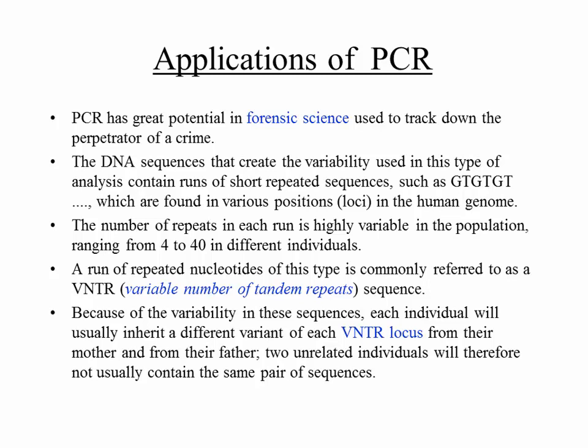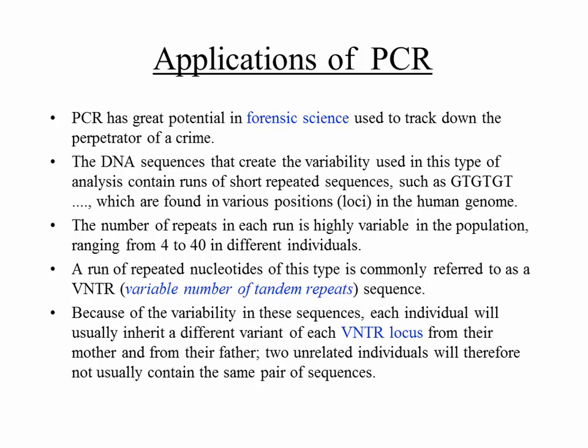All right. So the number of repeats in each run is highly variable in the population, ranging from as few as 4 to as much as 40 in different individuals. So a run of repeated nucleotides of this type is commonly referred to as a variable number of tandem repeat sequence. Variable because it varies among members of the population. Right.